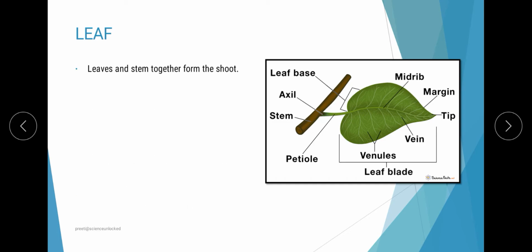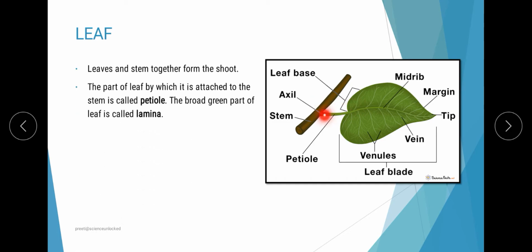For example, the first thing we will look into is the petiole, which is the origin part of the leaf, and it also acts as a bridge connecting the stem and the main leaf blade, meaning the flat surface of the leaf altogether, which is collectively considered the lamina. This broad structure which we call the leaf is nothing but the lamina.